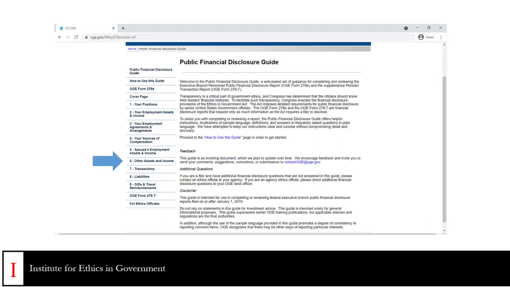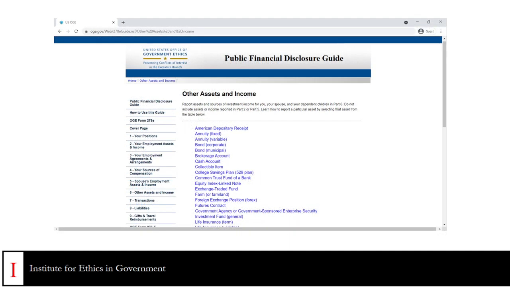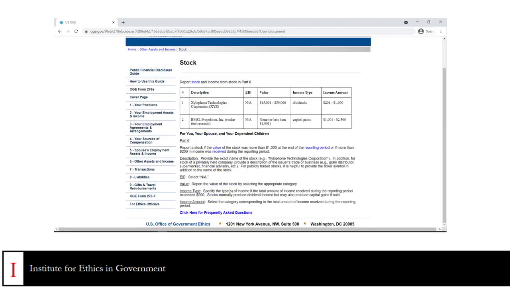Once we open that guide, we can navigate to Part 6 of the form, Other Assets and Income. Look for the word stock in this list of assets and income. And we come to this page, and it details what we need to include on a 278 in order to properly disclose a stock. We need the name of the company.